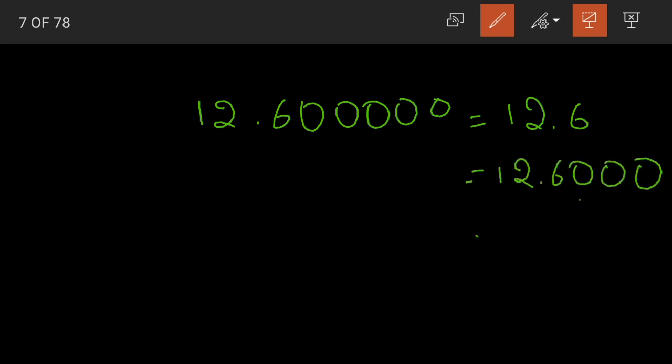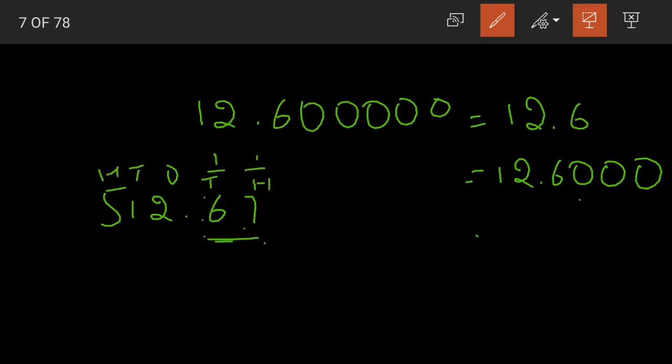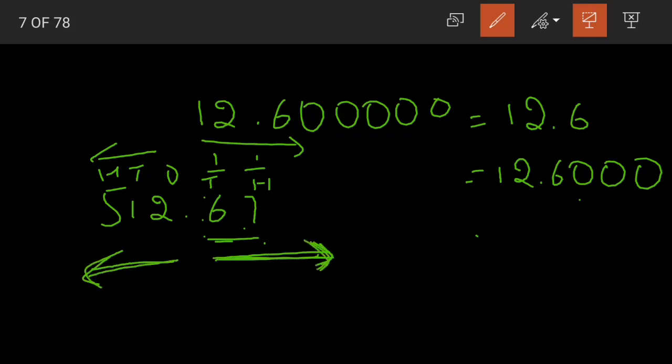See, even if you look at the place values, it's ones, tens, hundreds. But if you look at the place values of the decimal places, it is 1 by tens, 1 by hundreds. See, it is moving in the opposite direction. Here we have tens, hundreds like this, but after the decimal point, we have tenths and hundredths like this.